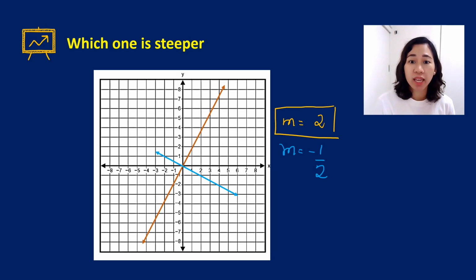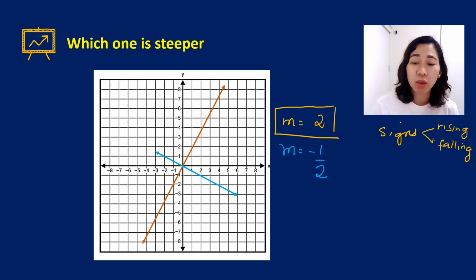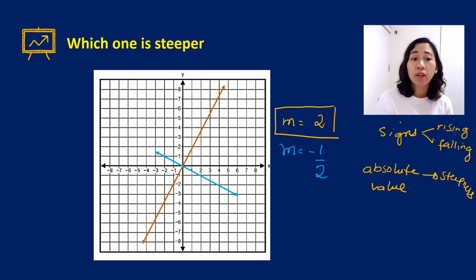So how do we compare lines wherein the slopes have different signs? One is positive or one is negative. Now the key in all of this, I just want to generalize, is that we just look at the absolute value of the slopes, because remember that the signs of the slopes will only tell us whether our line is rising or whether it is falling. But the absolute value, meaning to say, the number, without looking at the sign, will tell you the steepness of the lines.